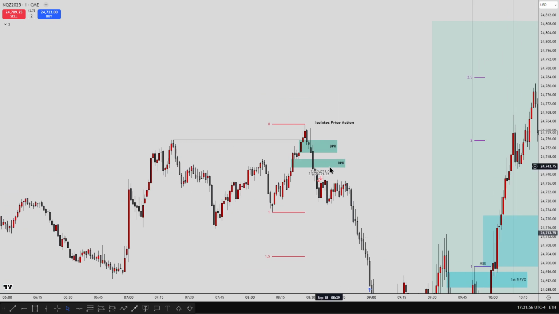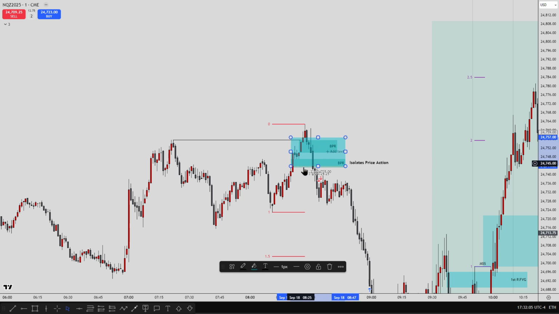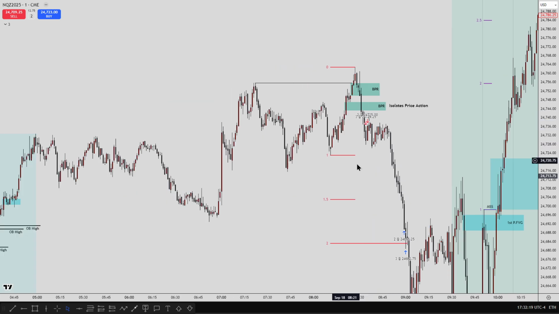So once we leave the balanced price range, it was pretty easy to identify that that would be isolating anything above this level. Everything above here now, it can wick into the first balanced price range. I wouldn't have minded that too much, as long as it didn't come into the higher one. Anything above this has now become isolated. The balanced price ranges have basically locked it off.